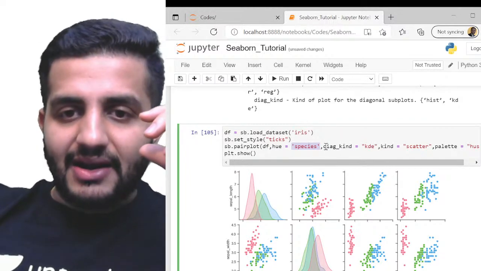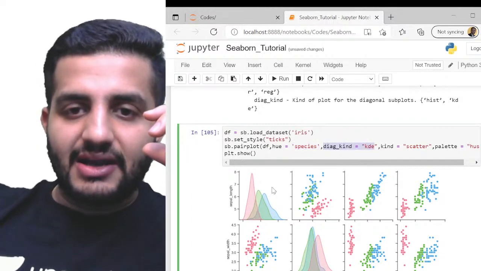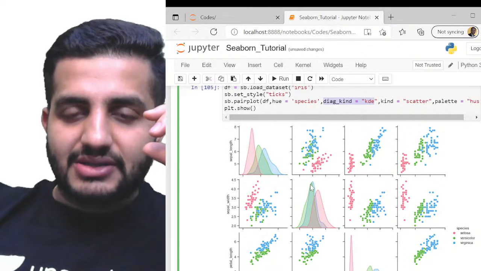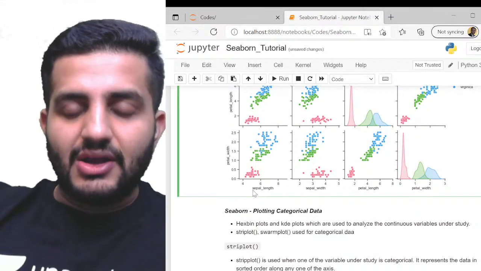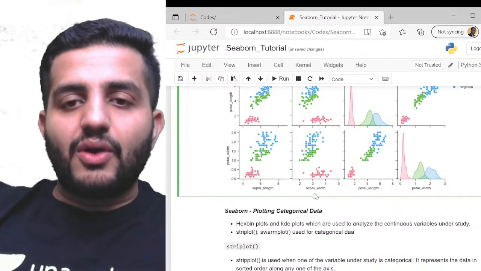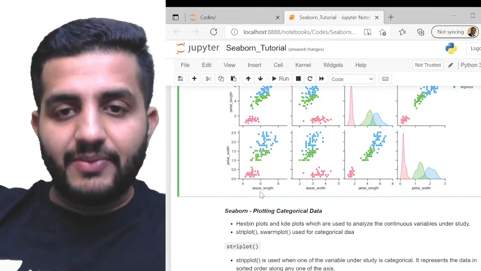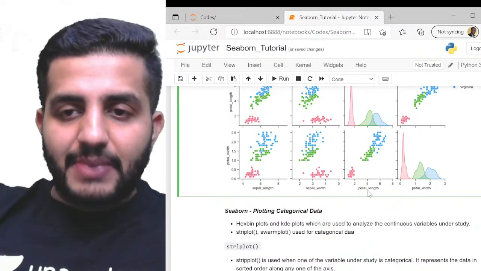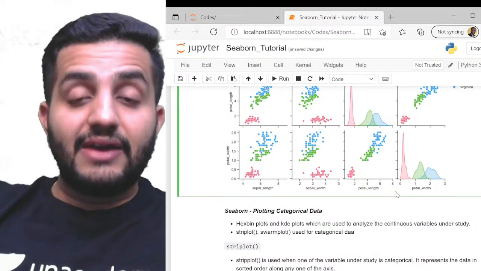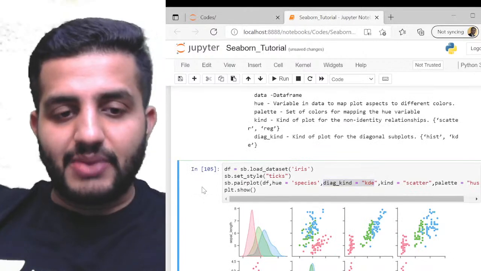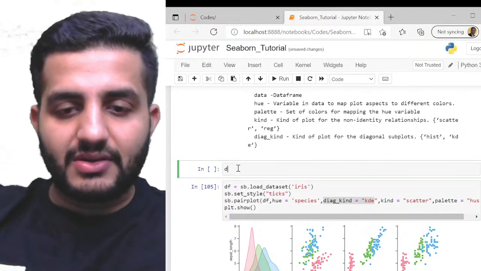Okay, diagonal kind as KDE, that means the diagonal graph. Now I'll first show you the graph. You can see on the bottom X, I have all the numerical columns here. Remember this, all the numerical columns: sepal length, sepal width, petal length, petal width. So I'll first show you my data also. Just a minute.